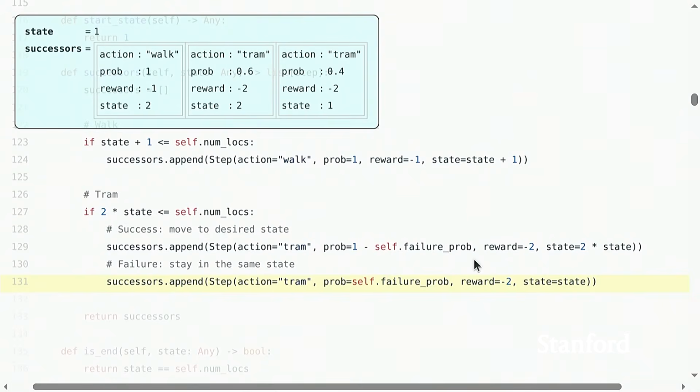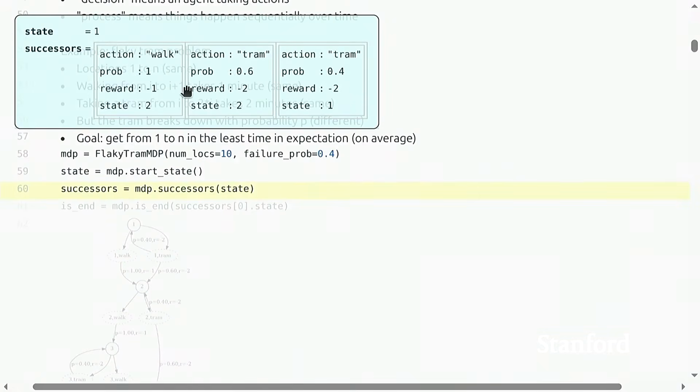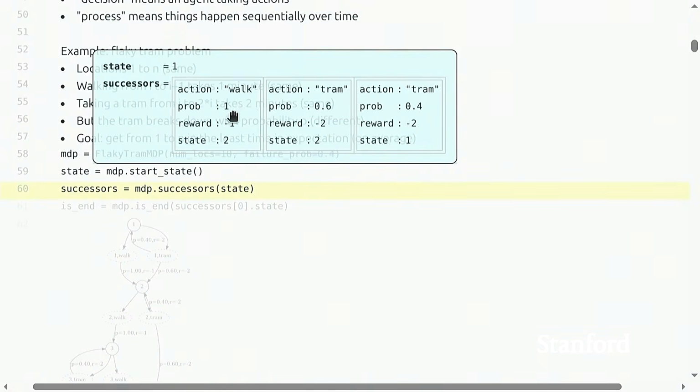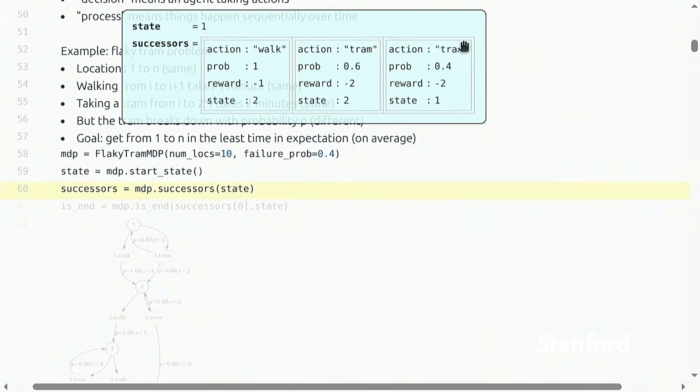But we'll show you algorithms that can handle cycles, no problem. Okay, so those are the successors. So I have 3 successors for the 2 actions because I have non-determinism. The number of possible places I can end up might be larger, not necessarily, but it could be larger than the number of actions. Okay, and finally is end.